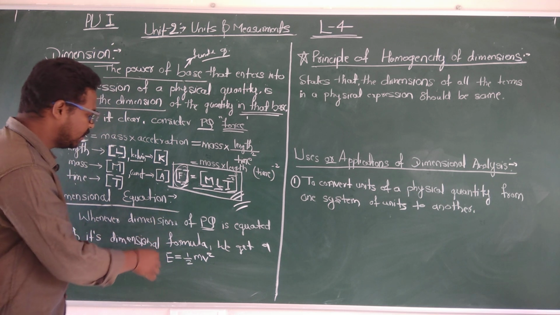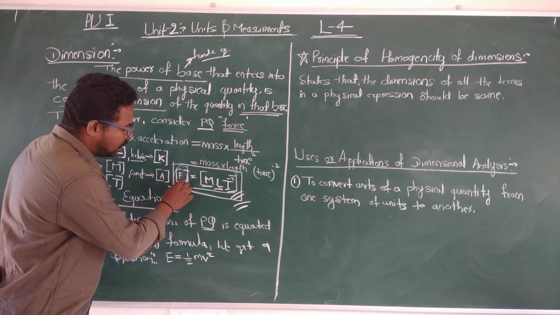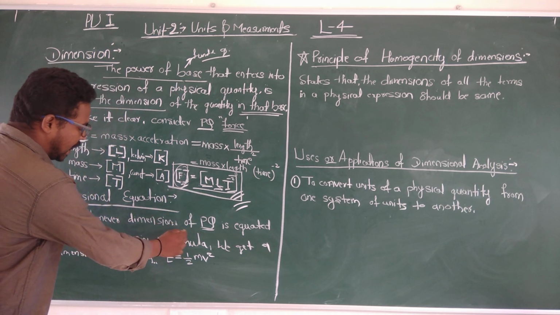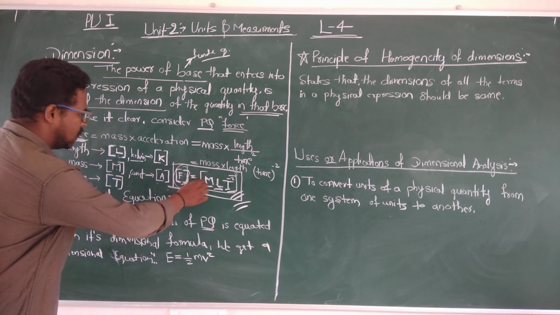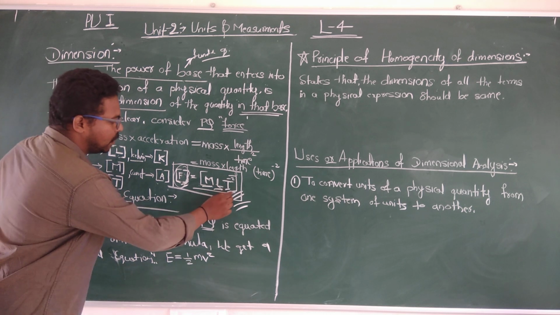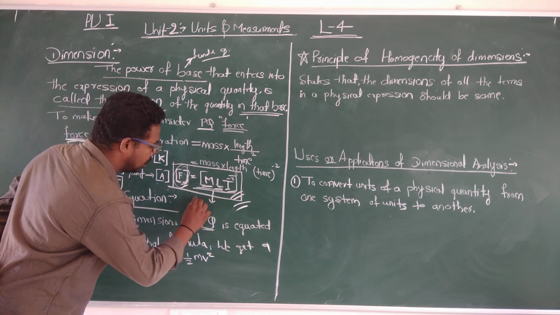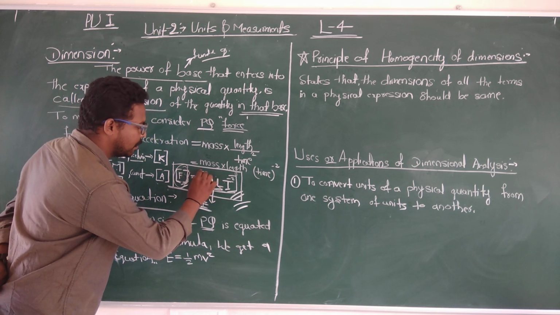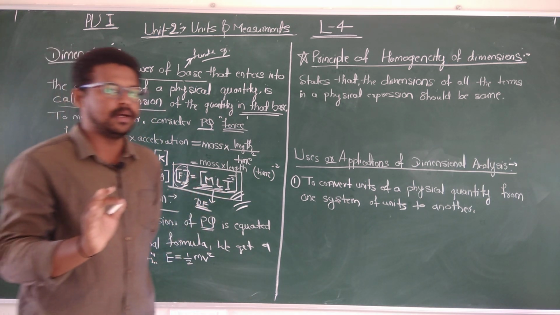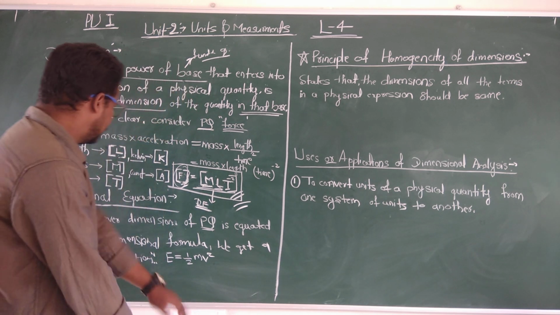So here we have equated the dimension of a physical quantity with the dimensional formula. This one, in the square bracket, is called the dimensional formula. Okay, so clear?